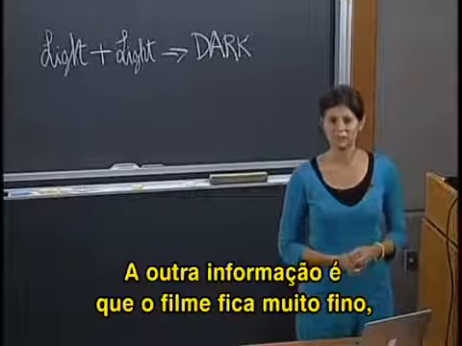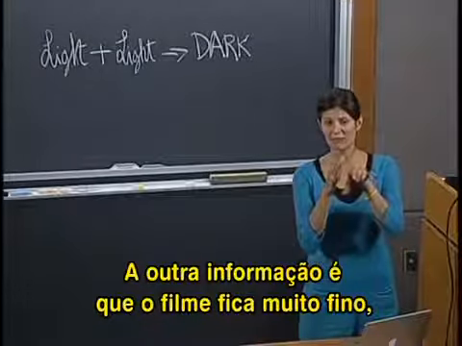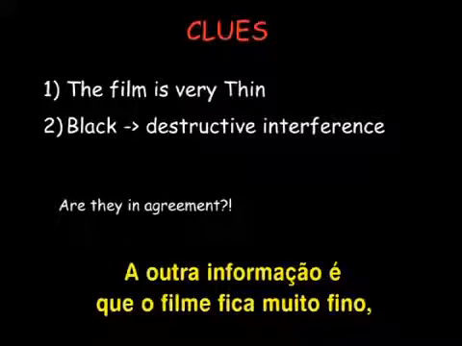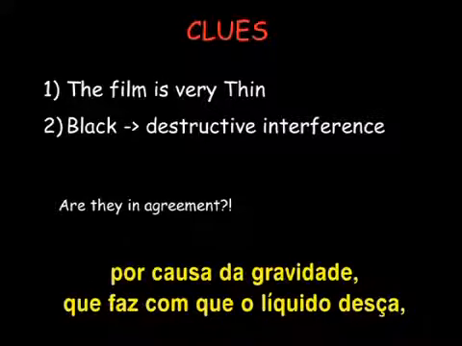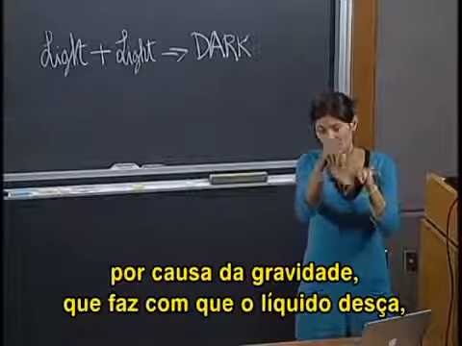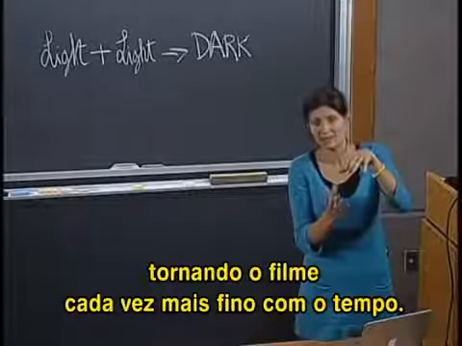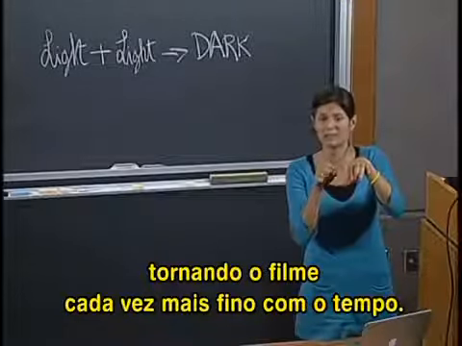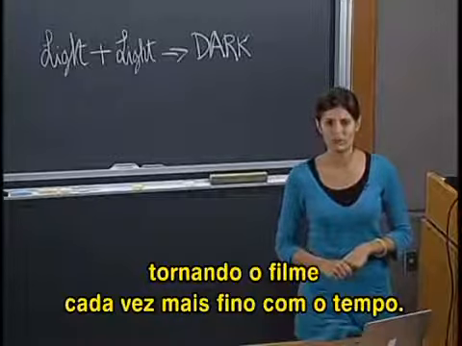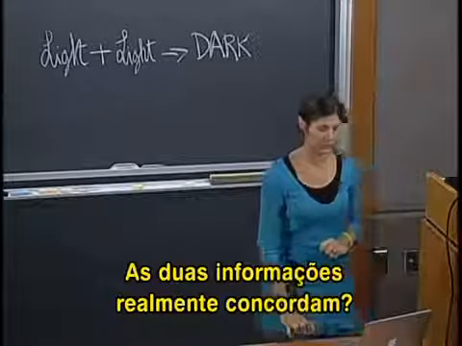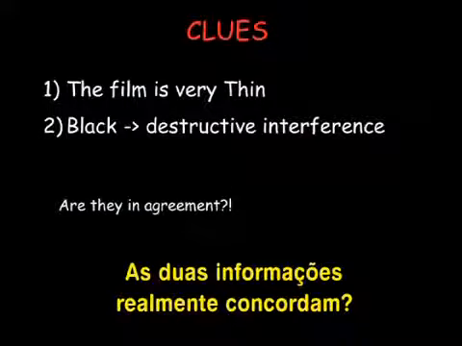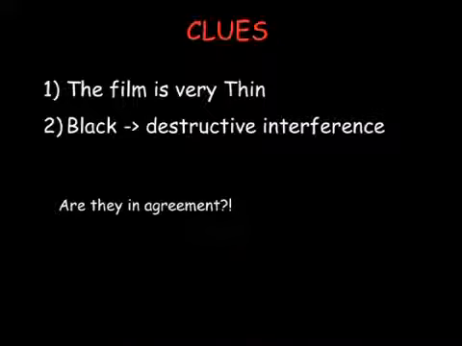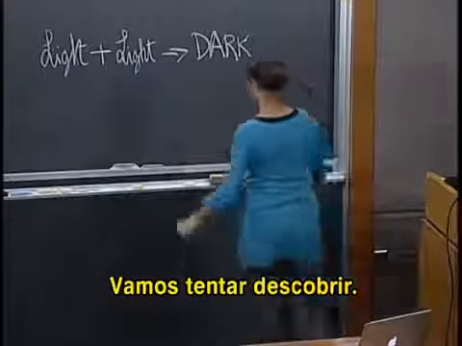And the second piece of information is that the film at the top becomes thinner. This is due to the effect of gravity. The liquid in the soap film will go downwards, and so the top of the film becomes thinner and thinner over time. Are these two clues really in agreement? Let's try to find out.